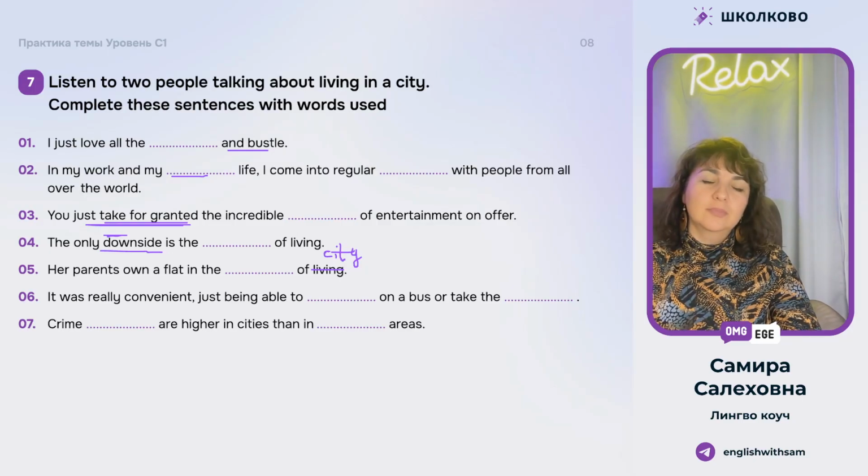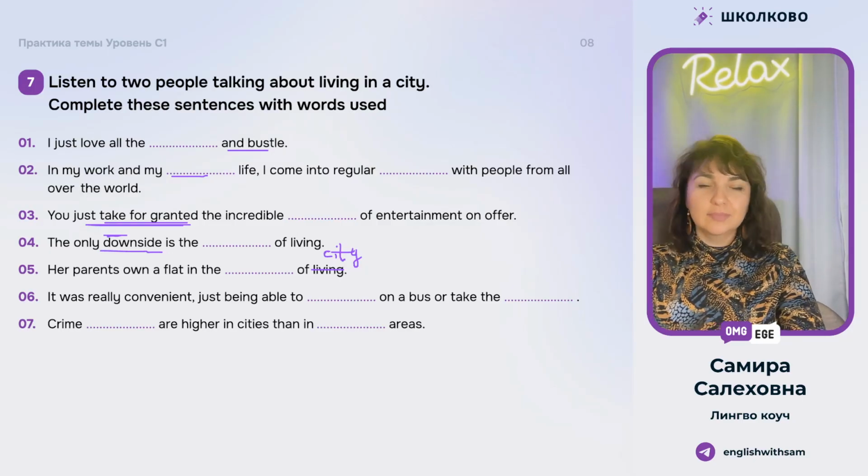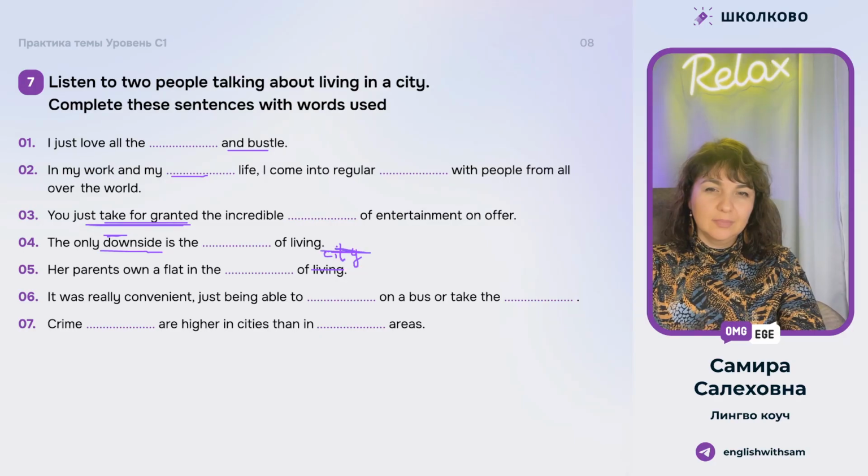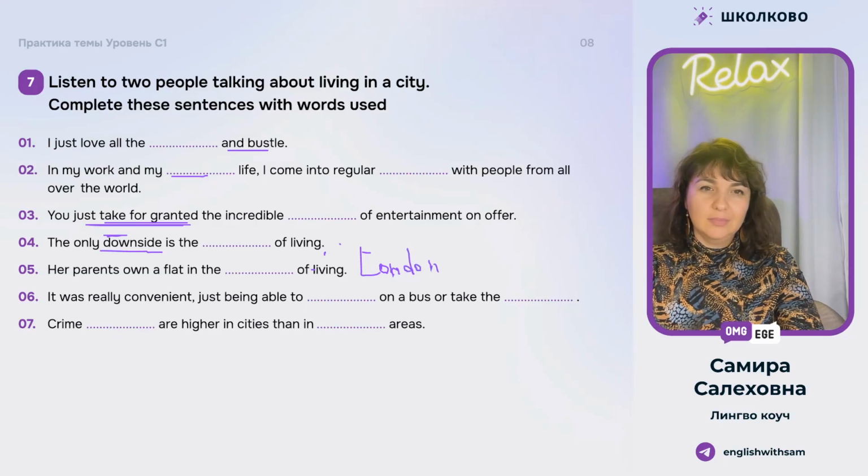The nearest I came to living in a big city was spending 2 weeks at the home of an old school friend. Her parents own a flat in the centre of London. It was really convenient just being able to hop on a bus or take the underground. At first, it gave me quite a buzz being somewhere where so much was going on, but I don't think I relaxed the whole time I was there. What got to me was the constant noise, all day and all night. I also felt a bit nervous if I was out on my own, especially at night. Perhaps it was a subconscious awareness that crime rates are higher in cities than in rural areas. It was a real relief to get home.